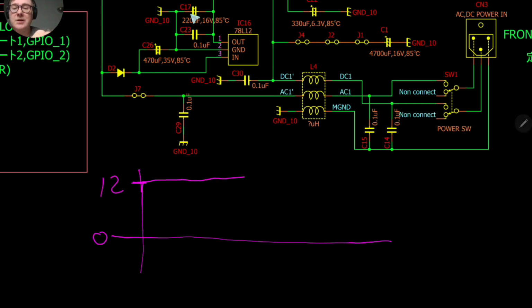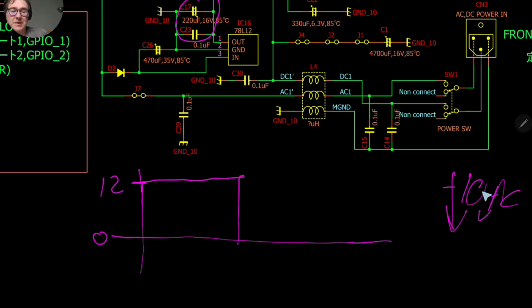Why are we putting these capacitors in here? The idea is that if we don't put these capacitors, and if for some reason we don't have enough current or enough voltage here, this will go down, or imagine that it goes to 0, so it will go down, and when it recovers, we'll have again our 12 volts.